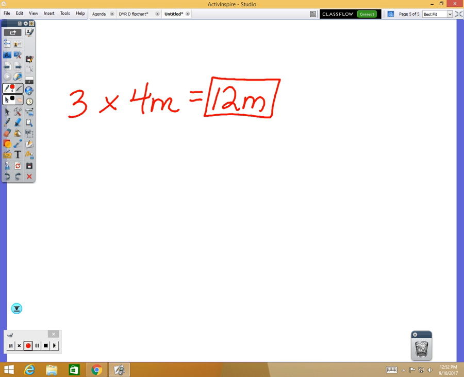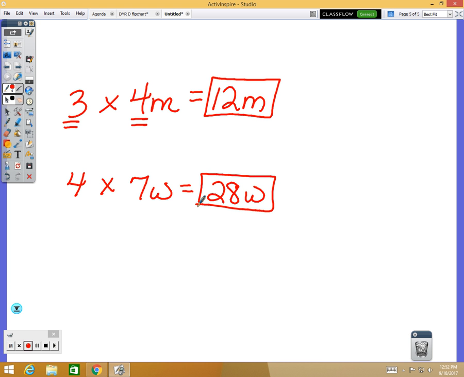You're just multiplying these two numbers, and then that m just tags along with it. Now we said we can't add them, but we can multiply them like that. So if you had 4 times 7w, that would be 28w. So you're just multiplying the numbers and then sticking that variable on the end of it.